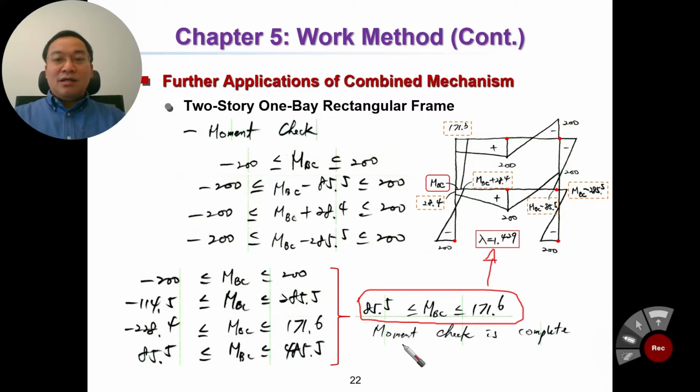Okay, and so the moment check is complete, and lambda equal to this one is the exact solution. Okay, exact solution.